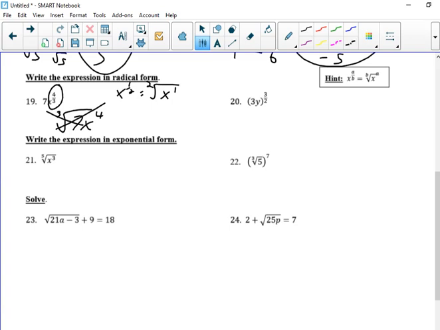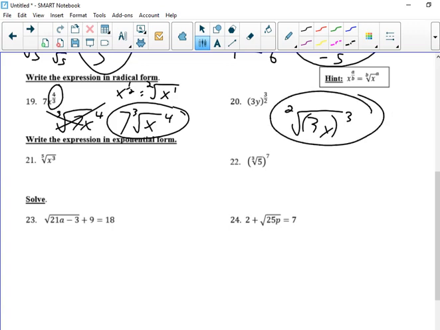But remember, this is a big no-no. Why? Because the 7x is not in parentheses, like on number 20, which we'll get to. It's just the x. The x is the only thing underneath. Here's my numerator, here's my denominator. The 7 is on the outside. Now in 20, I draw my radical and I put my 3y right in there. Okay? Numerator, denominator, finished.